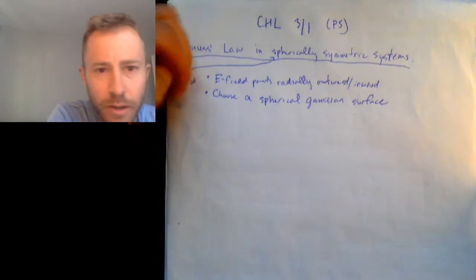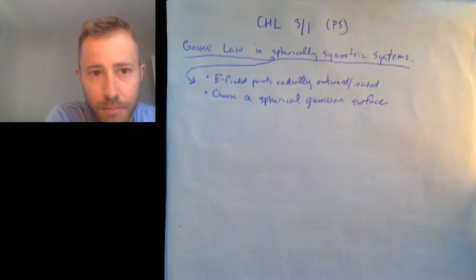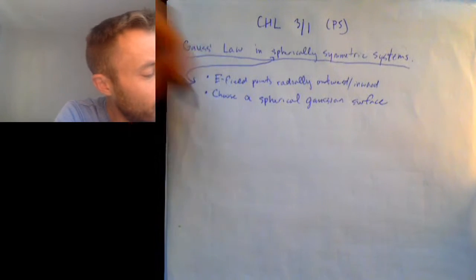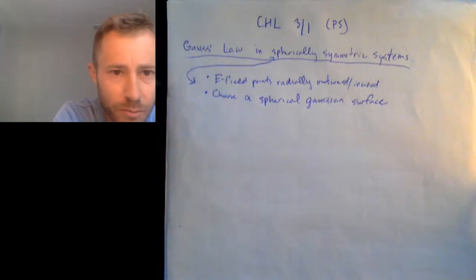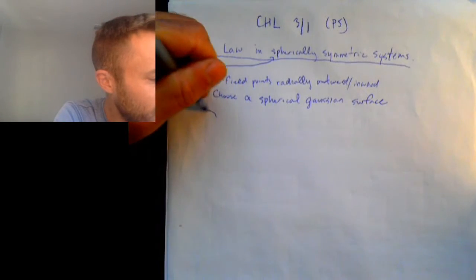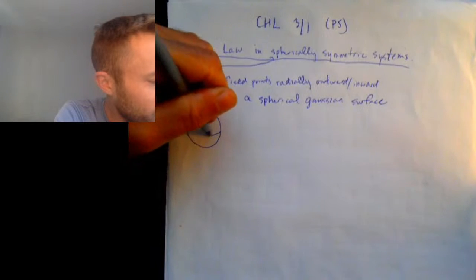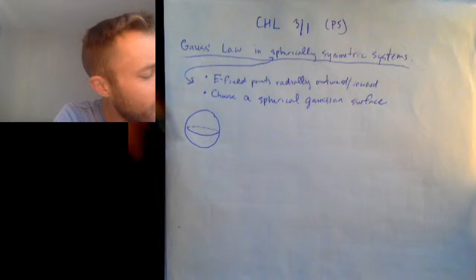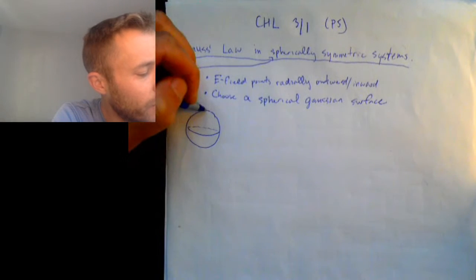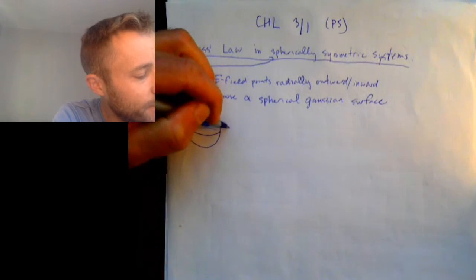Okay. So if we do Gauss's law for a spherically symmetric distribution of charge, and your Gaussian surface is a sphere. Okay. The electric field points outward.